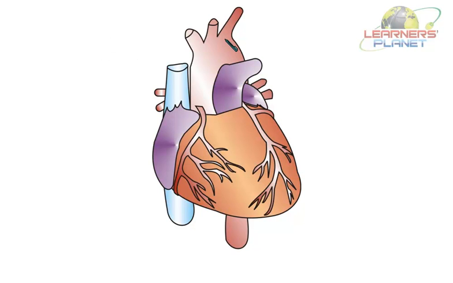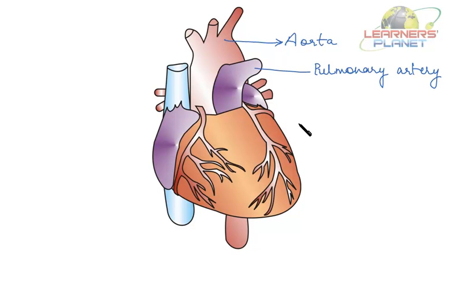Here you can see something protruding out. This is the aorta. And the blue or violet one is the pulmonary artery.